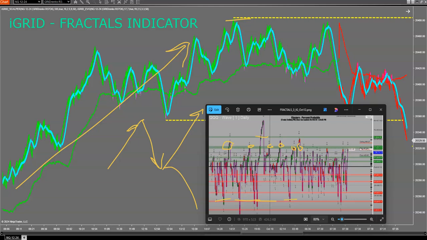So as that's hitting those levels, you can then look at other tools to identify points of reversal to get into trades.